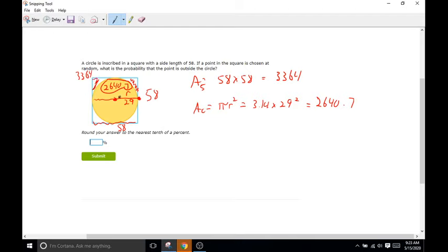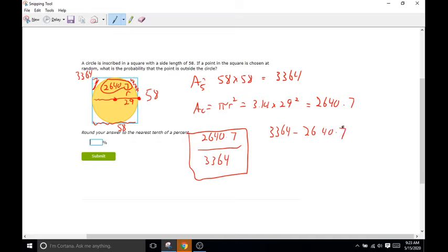Okay, well, the circle is going to be the area over the area, so it's going to be 2,640.7 all over 3,364. So this is the probability that it's going to land inside the circle, right? We want the outside the circle, so we've got to subtract that area out, minus 2,640.7.